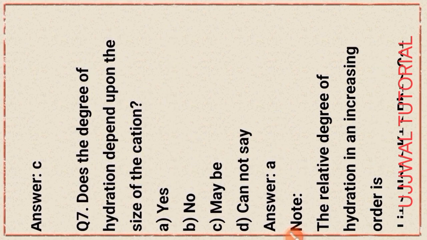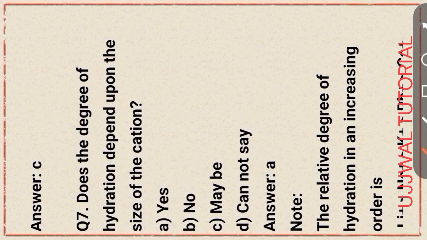Question number 7: does the degree of hydration depend upon the size of the cation? That is option A, yes. The size of the cation determines the degree of hydration.